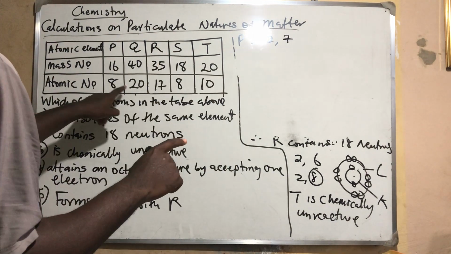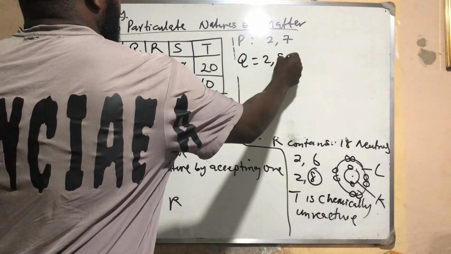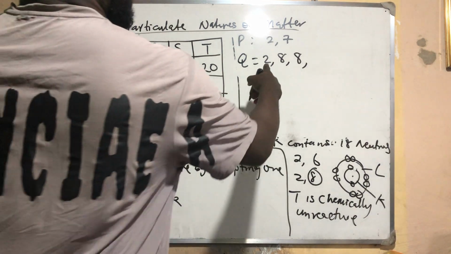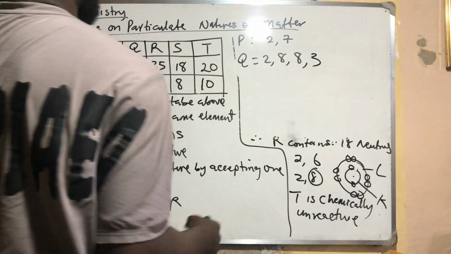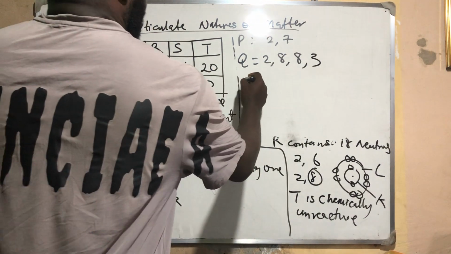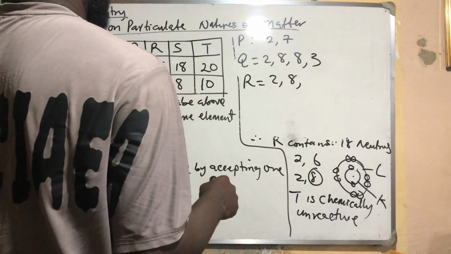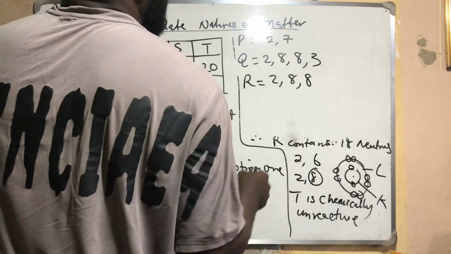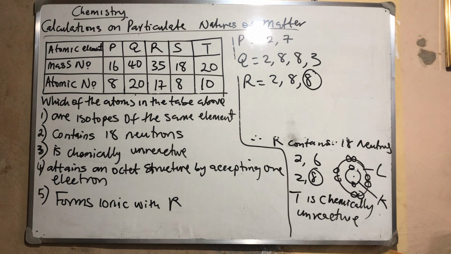He has received one. Let's check for 20, which is Q: 2,8,8, this is 18. If you receive one, it's going to be 21. Now let's check 17. R is 2,8,7. It's supposed to be 17. So if you receive one, it's going to be 18. You see that it attains an octet structure when it receives one electron.